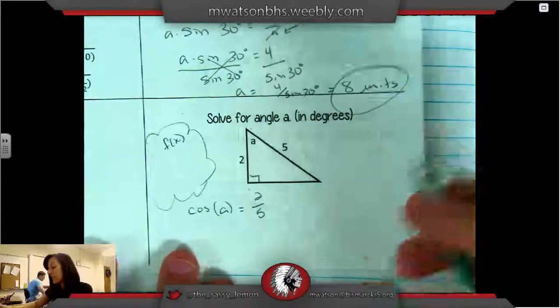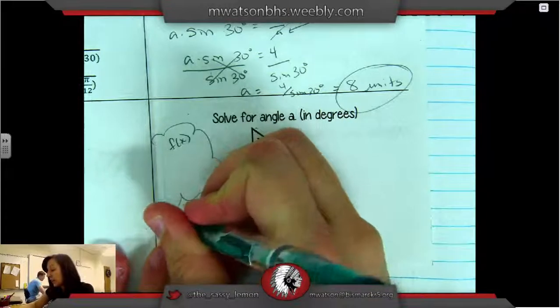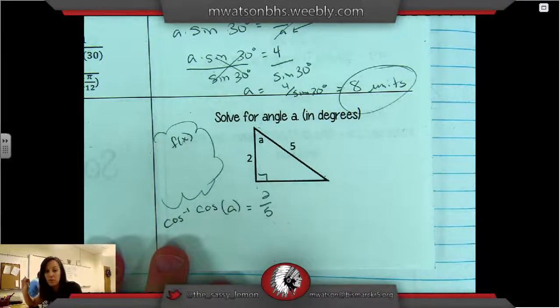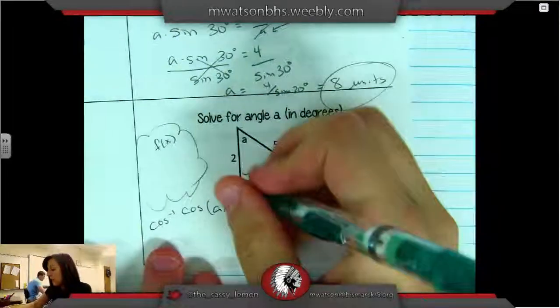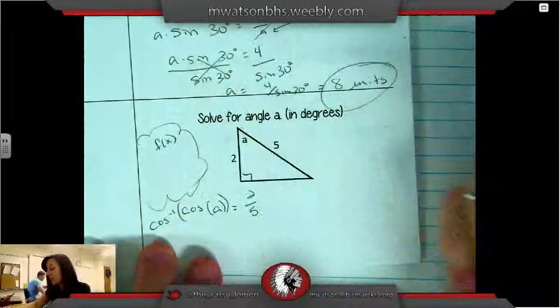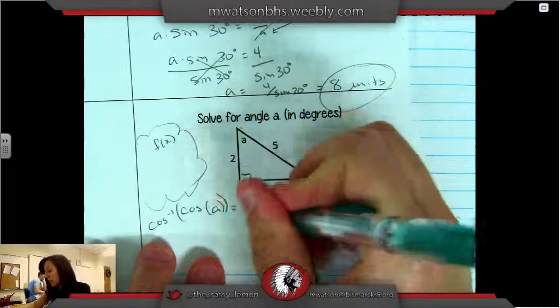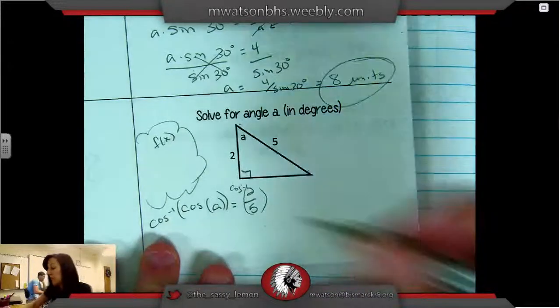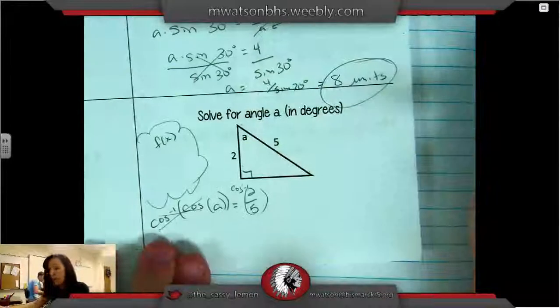So we are actually going to do inverse cosine, which is notated like this, cosine with the little -1, on both sides. So we're going to take inverse cosine of cosine A and inverse cosine of 2/5. And the inverses cancel one another out.